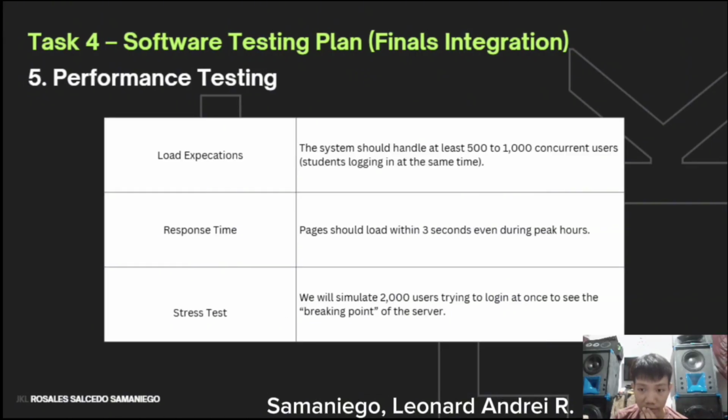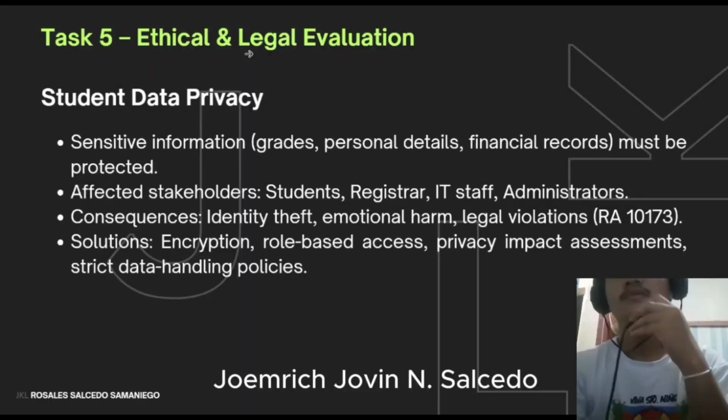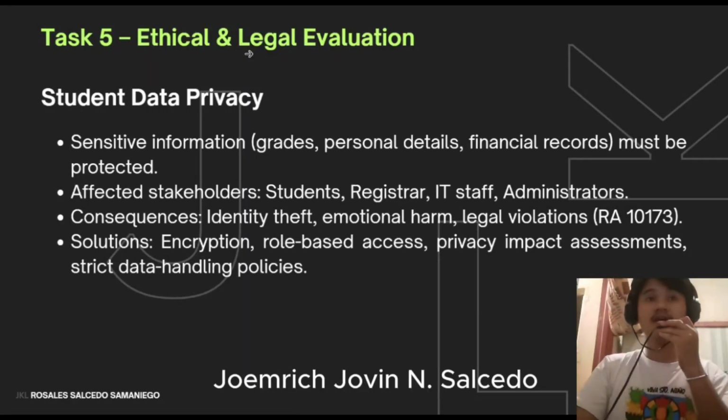And lastly, performance as well as security. Finally, we will stress test the system to handle 2,000 concurrent users and secure the database against hacking attempts like injection. And then for task 5, the ethical and legal evaluation.